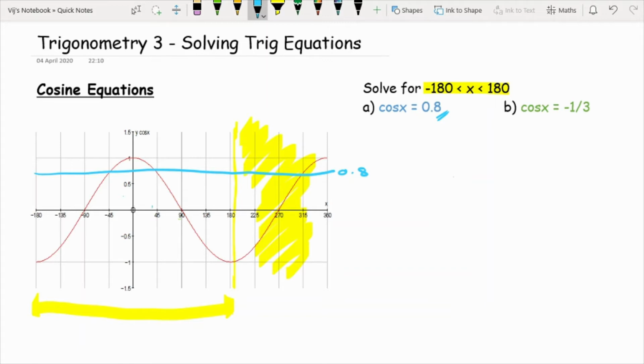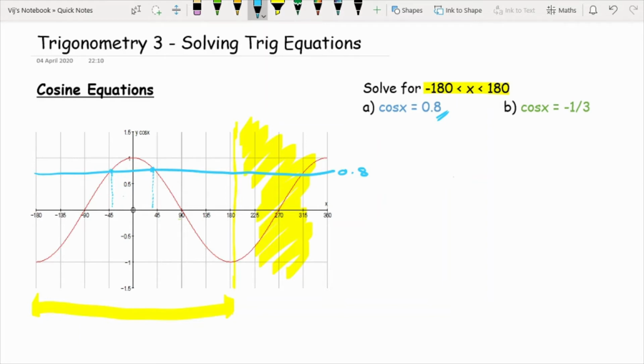Now in terms of where the intersection points are for 0.8, at a guess, looking at my graph, I'm looking for a value close to -45 and +45. So those are the two values that I'm looking for.